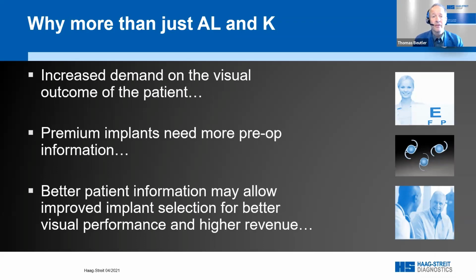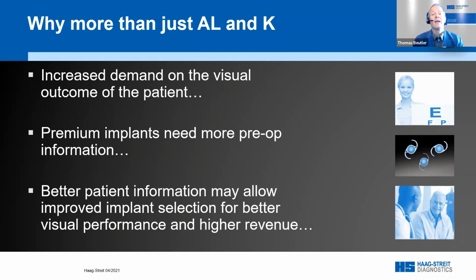Also, premium implants need more information than just AL and Ks, because if you have a multifocal implant and you have, for example, severe coma, you don't want to have this implant in this patient, because then the performance will not be optimal, and the patient which pays extra for this will be unhappy. That's not good.